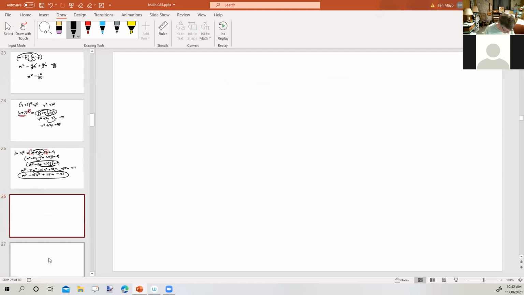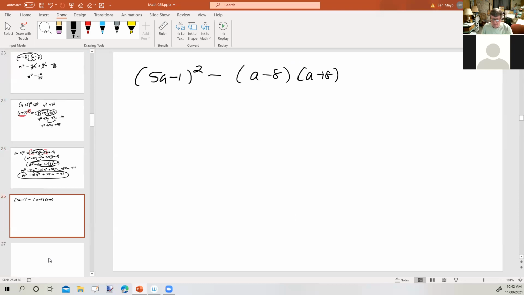Now we need to be careful if we have addition and subtraction and multiplication all mixed together. Let's say we've got this situation. 5a minus 1, the quantity squared, minus the quantity a minus 8 times a plus 8. Now, order of operations, we do exponents, then multiplication, then subtraction. So we're going to take the 5a minus 1, the quantity squared, and expand that.